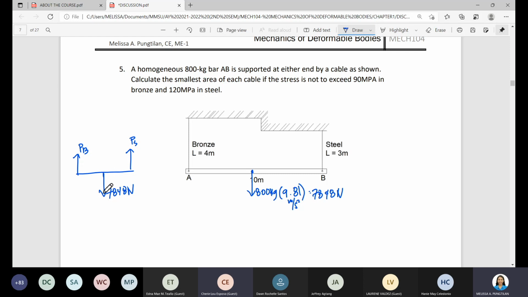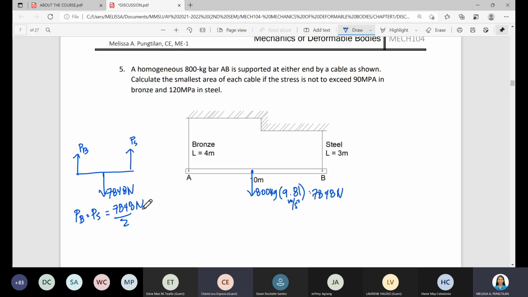So, ang gagawin natin dyan, alam naman natin that the weight is acting on the centroid or center of the bar. Therefore, we can conclude that PB is equal to PS and it is equal to the half of the weight of the bar.